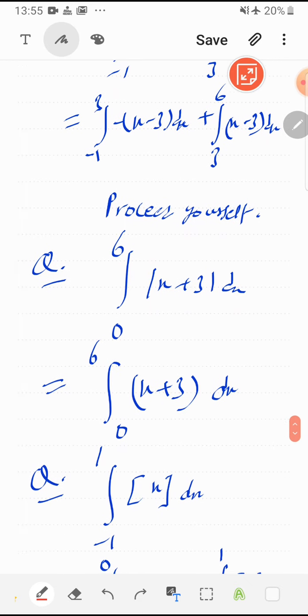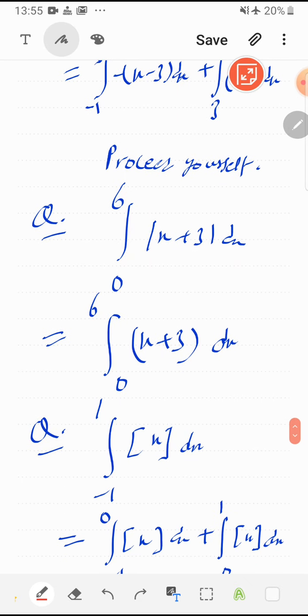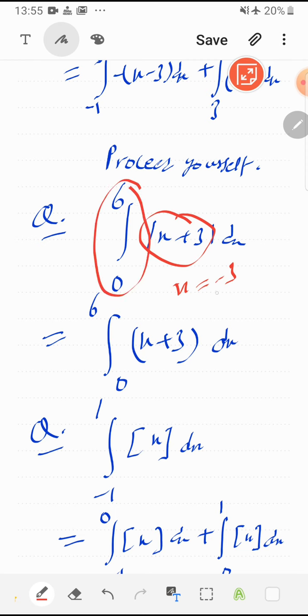Now mod means that it is not sure that every time you have to split the integral, like it is 0 to 6 mod of x plus 3. Obviously this mod is changing at x equal to minus 3, which is beyond 0, even lower than 0. So that means both our limits are on one side of minus 3. These are more than minus 3. That means no need to split the integral.